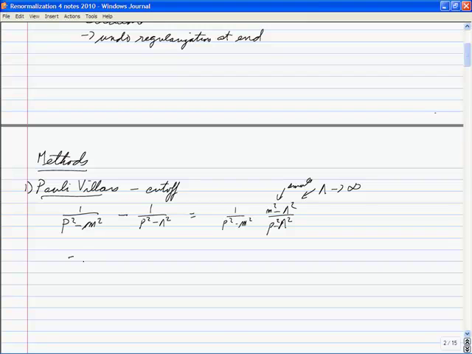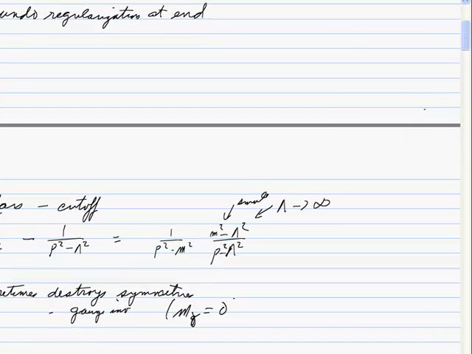The problem is it sometimes destroys some of the symmetries. You can see that, for example, it causes trouble for gauge invariance. Gauge invariance, we saw, was connected with the mass of the photon being equal to 0.